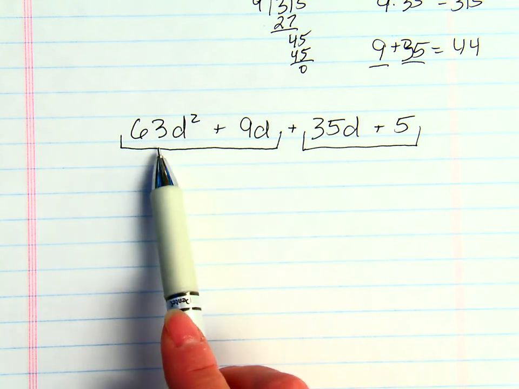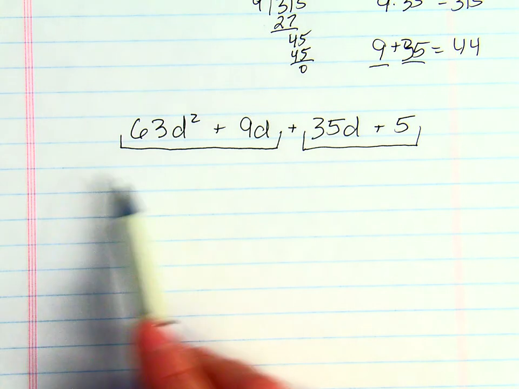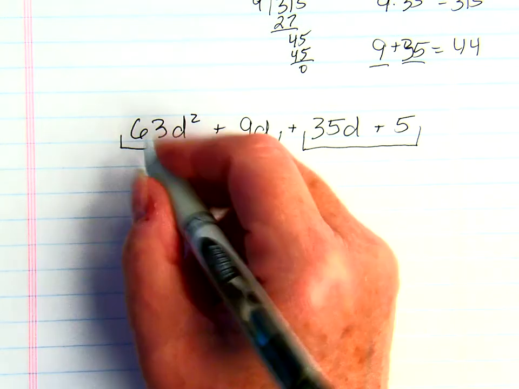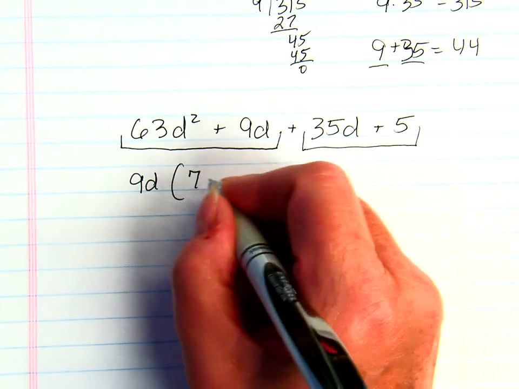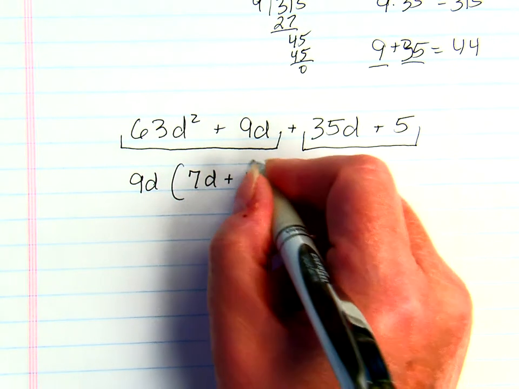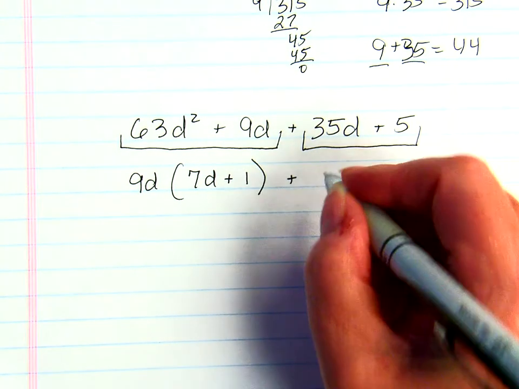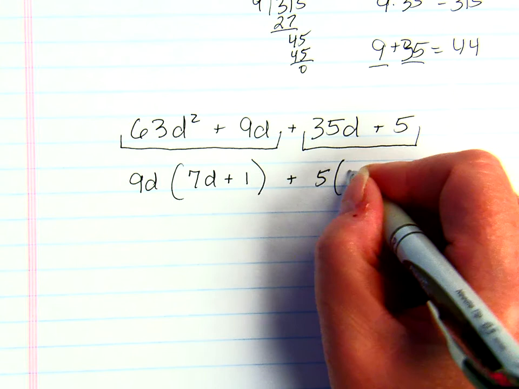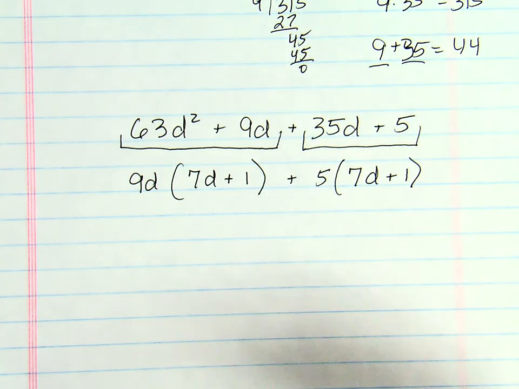Now, I know that from 63 I can pull a 9 out, and I have 7 left. So I'm going to pull that 9D out, which leaves me with 7D plus 1. And then I'm going to pull out a 5 from here, and that'll leave me with 7D plus 1.